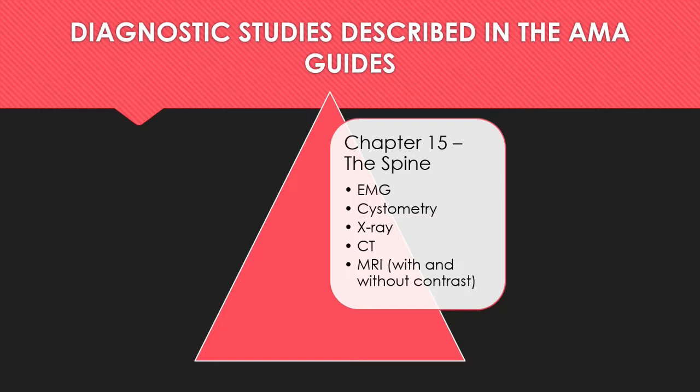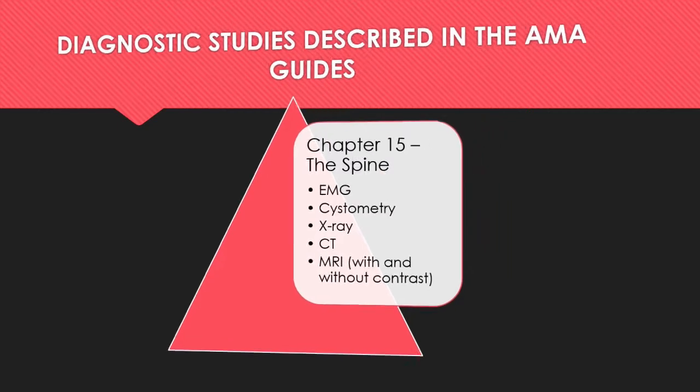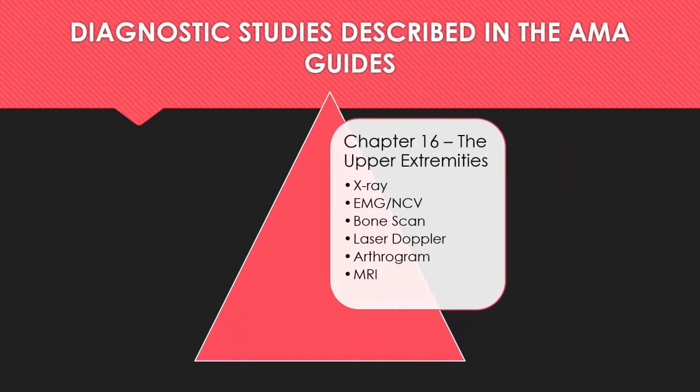What about chapter 16? Well, in chapter 16, they describe the use of X-ray, and we'll talk about how X-ray is used in the assessment of upper extremity impairments. They talk about electrodiagnostic studies, including electromyography and nerve conduction velocity testing.